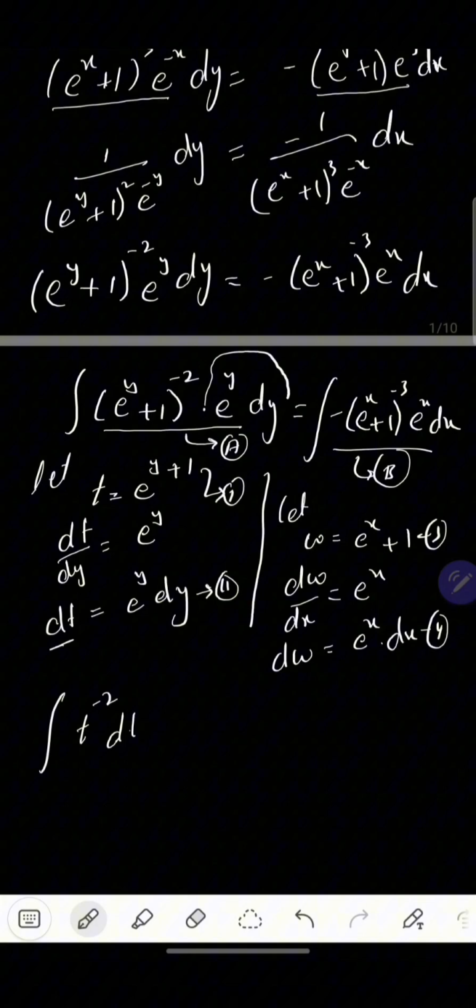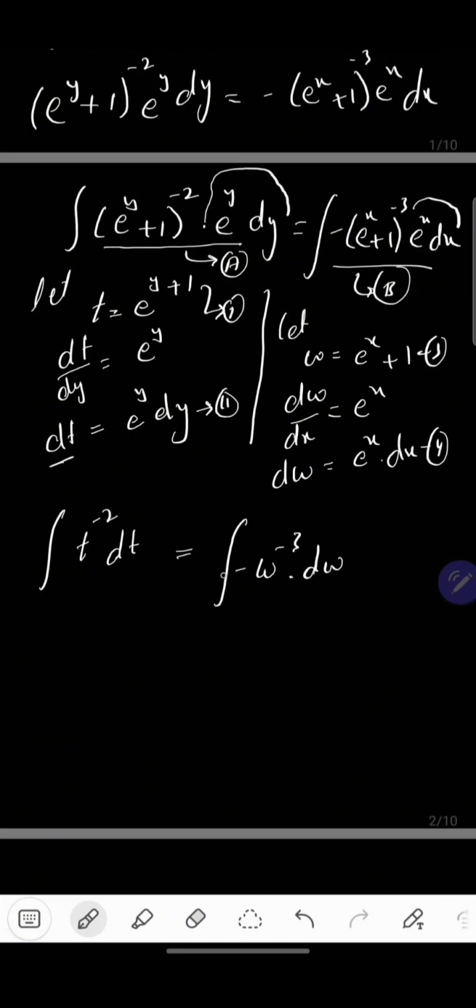On the right side we replace the internal term e^x + 1 by equation 3, where w is equal to e^x + 1. So we put w^(-3), and we replace e^x dx by equation 4, dw is equal to e^x dx.